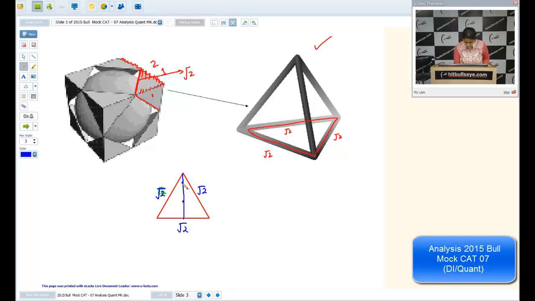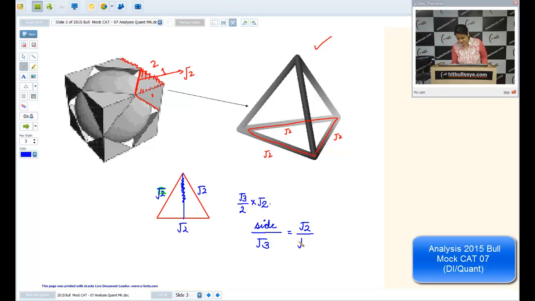So what is the formula to find this? It will be root 3 by 2 into a, that is root 2. So now this is what? This is circumradius. What is circumradius formula? It will be side upon root 3. This is circumradius formula. So what is the circumradius here?